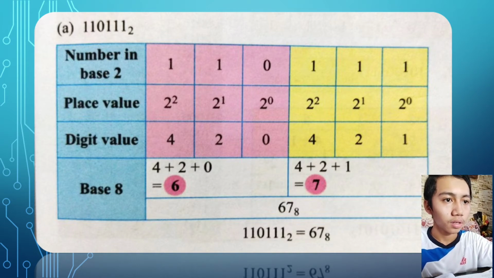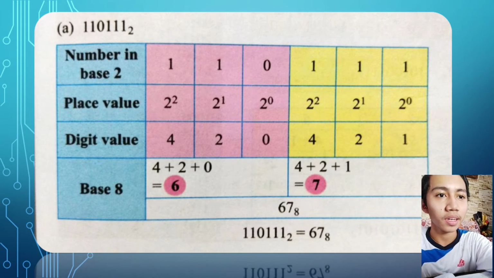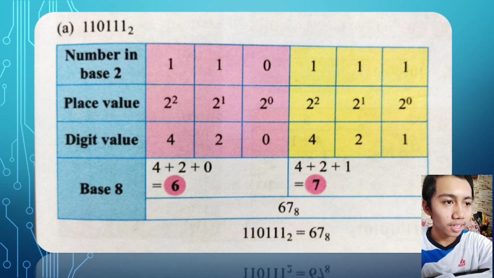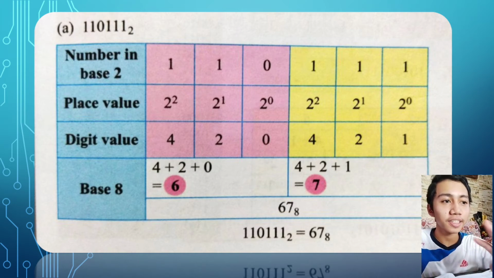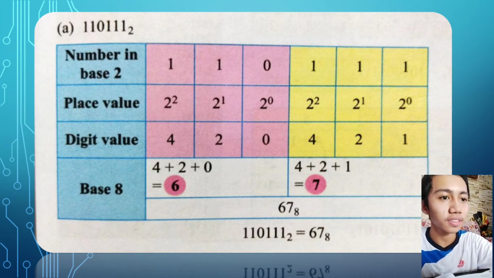So as we get to know, we must multiply the number with the place value, and then we get the digit value. But in this case, we are not adding all together, but we are adding with the first 3. Okay, with the first 3 numbers.